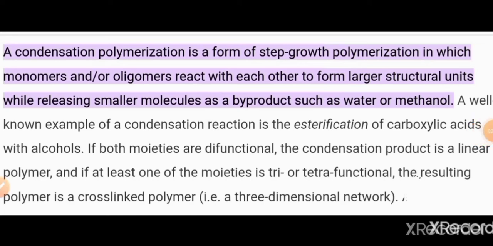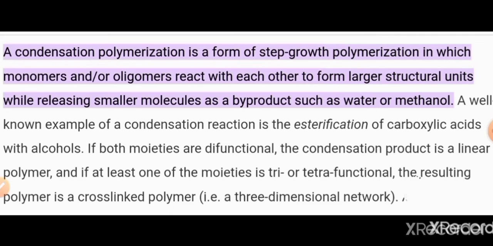The next is the condensation polymerization mechanism. In this mechanism, firstly understand what a polymer is. Here, condensation polymerization takes place.